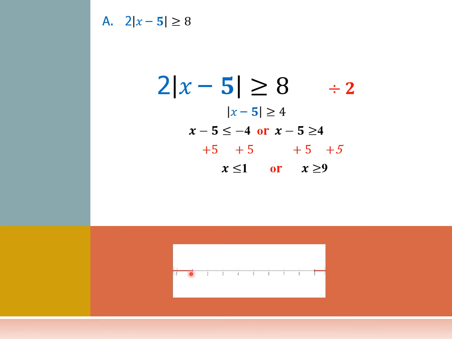And here we have x greater than or equal to 9, so from 9 and up, and 9 is included in the solution area. So from negative infinity to 1, this is x less than or equal to 1, and from 9 to infinity when x is greater than or equal to 9.